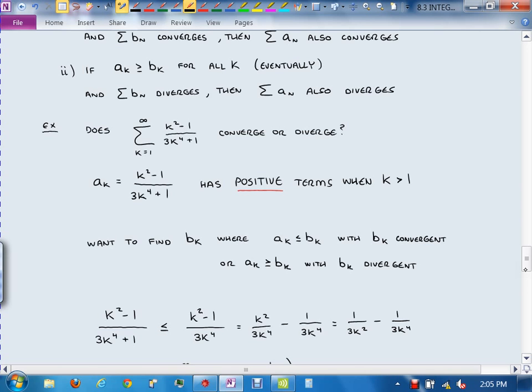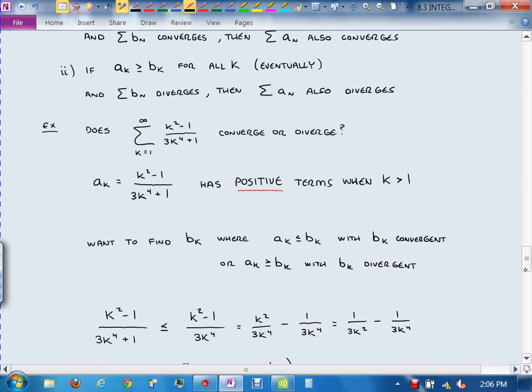What I want to find is some other sequence, b sub k, where either my sequence is smaller than that sequence all the time, and that other sequence converges, or the other way around. My sequence is always bigger than that other sequence, and that sequence diverges. So, do y'all understand what I'm saying by this?